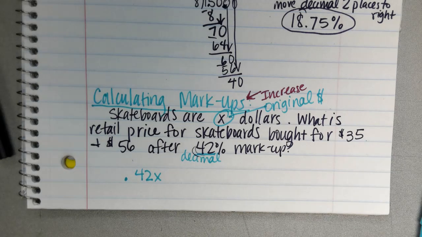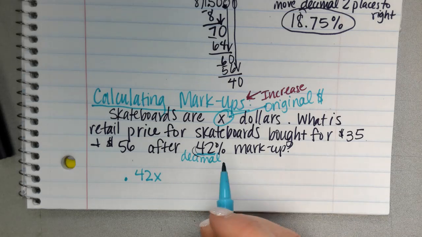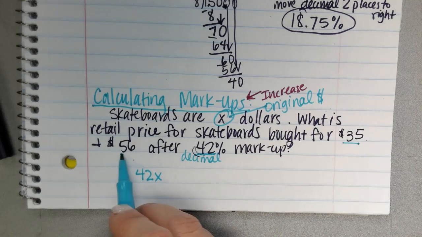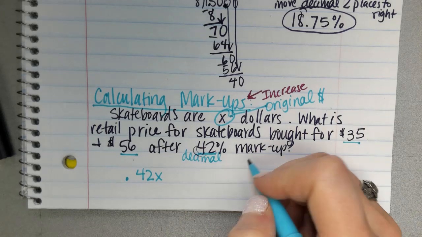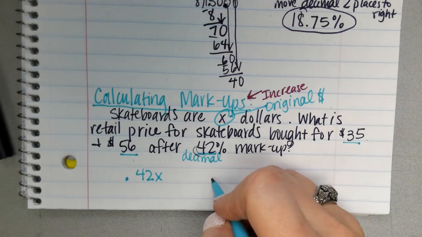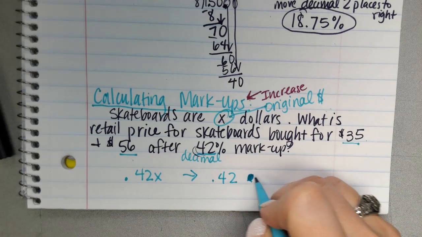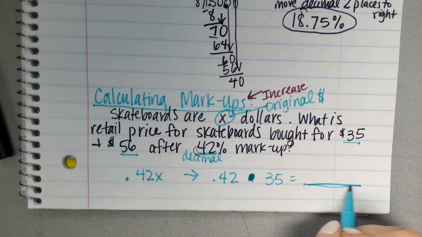So let's see what would happen when we want to solve this. What we do here is multiply 0.42 times the two original amounts that we have. The first one would be 0.42 times 35, and that would give us the new price.